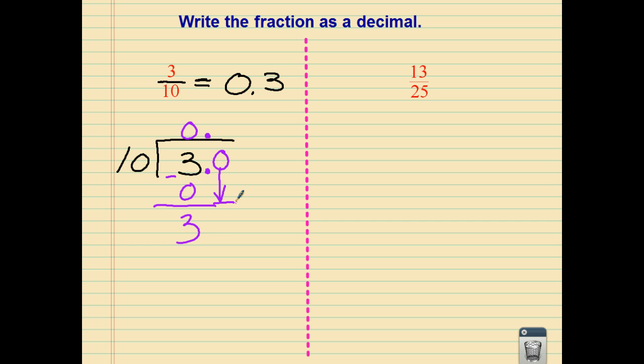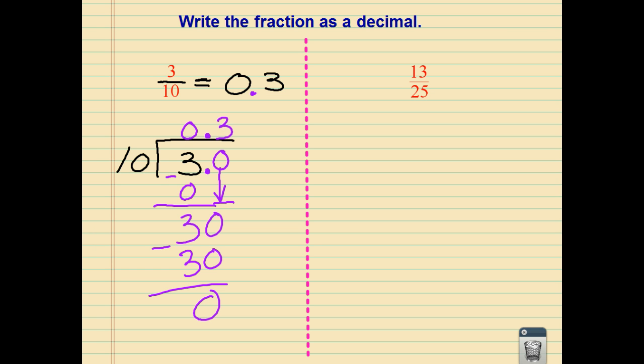We've worked a lot with that. So if the 0 comes down, now 10 goes into 30 3 times. 3 times 10 is 30, and we now have no remainder. So just like we said before, we know that 3/10 is known as 0.3.